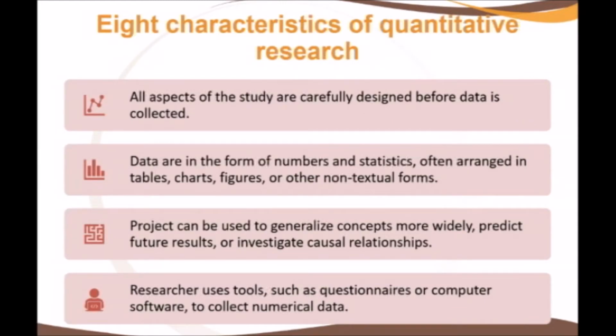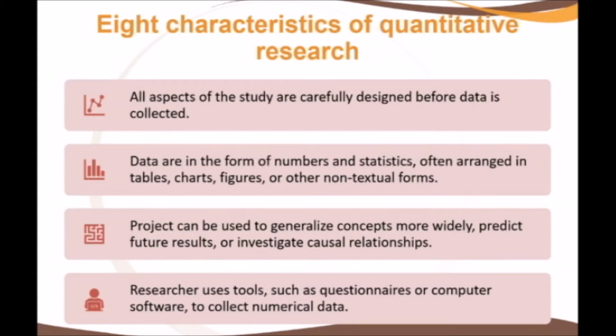So the other aspect of quantitative research is that the projects can be used to generalize concepts more widely. You can even use the results you have to predict future results or to investigate the possibility of causal relationships. But like I said, I'll go into more details later. We can infer that there could be a causal relationship using quantitative methods, but we cannot determine causal relationships, especially in observational studies.